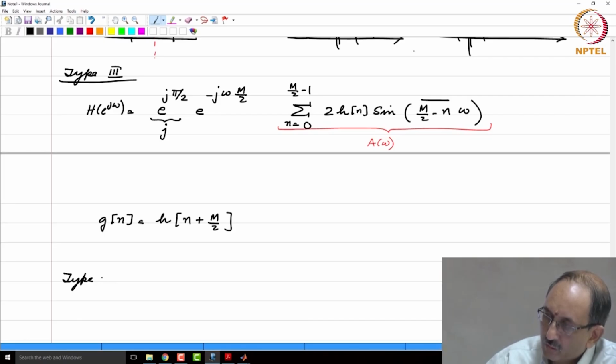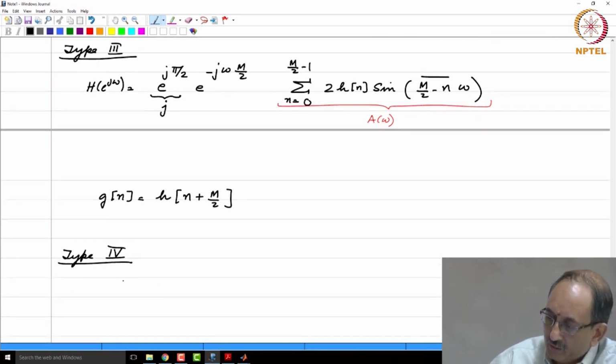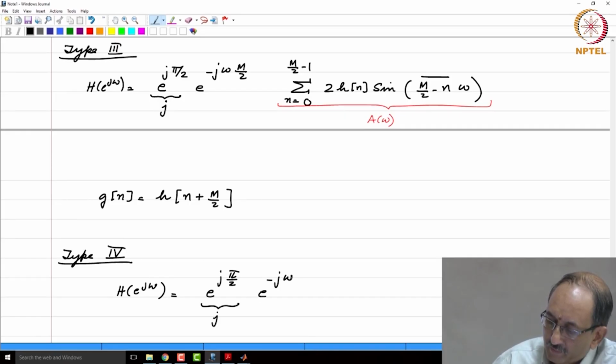Once you have seen the pattern going from type 1 to type 2, it is easy to see what is going to happen when you go from type 3 to type 4. So, that is H of e to the j omega, this thing remains the same, e to the j pi by 2, giving rise to the factor of j, e to the minus j omega m by 2. There is no center sample; even if a center sample were there in the type 3 case, it turned out to be 0.